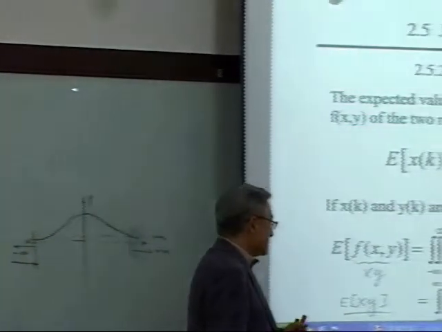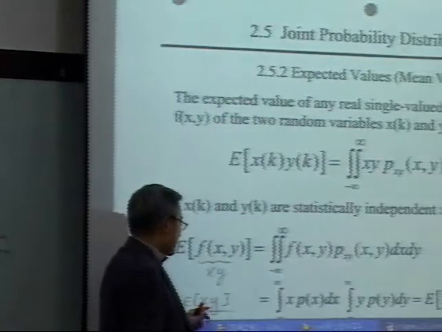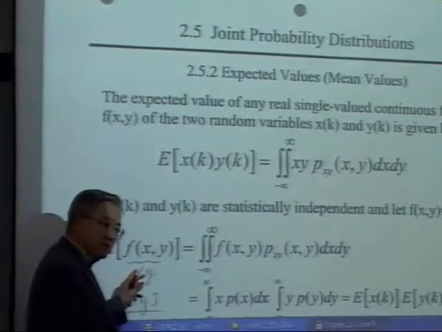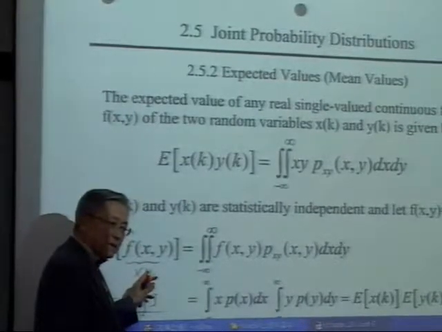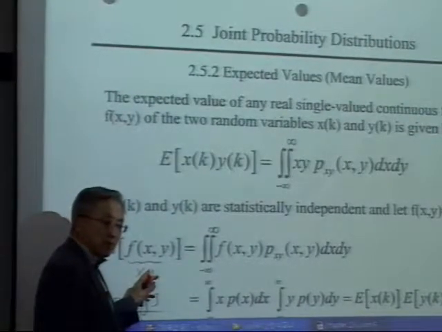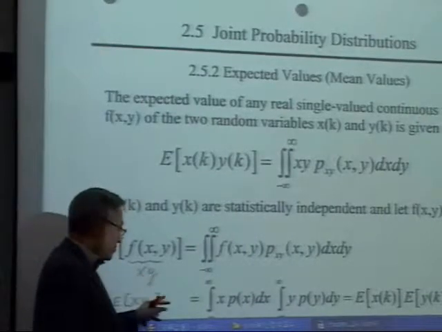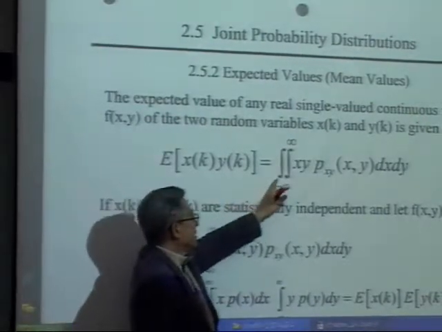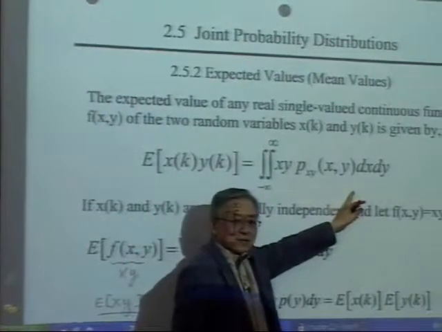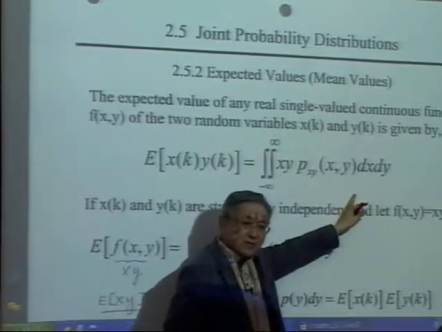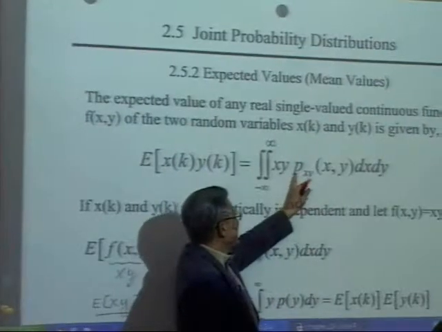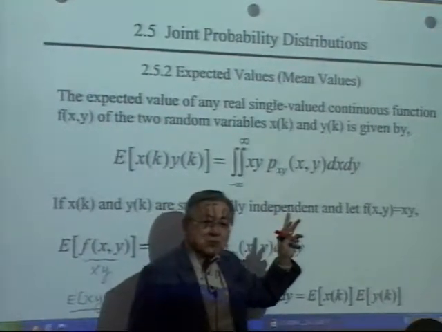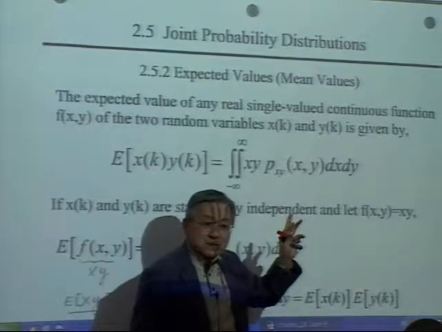So look at this. If x and y are independent variables, then I can say exactly like this. If x and y are independent, then I can split the pxy as px multiplied by py, right?